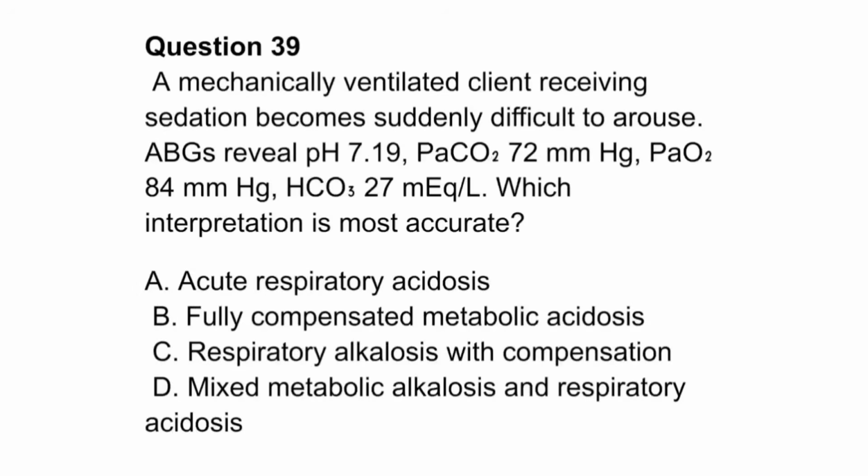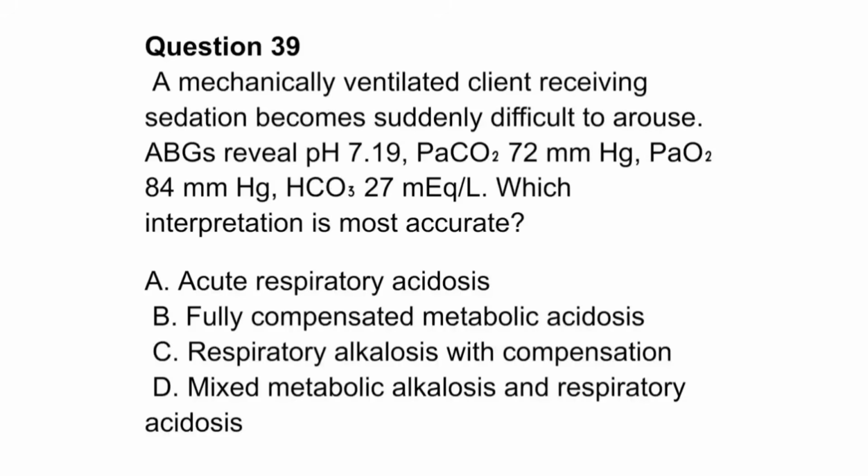Question 39. A mechanically ventilated client receiving sedation becomes suddenly difficult to arouse. ABGs reveal pH 7.19, PaCO2 72 mmHg, PaO2 84 mmHg, HCO3 27 mEq/L. Which interpretation is most accurate? A. Acute respiratory acidosis.